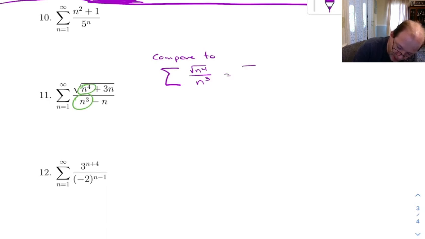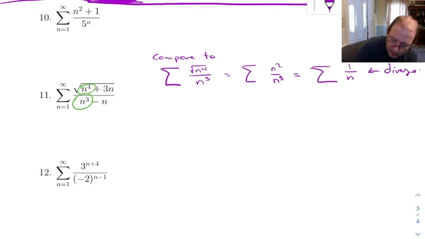So you can rewrite this as n squared over n cubed, which is 1 over n, which diverges. All right, so now we just need to see, can we use the comparison test or the limit comparison test? Honestly, we know it's going to diverge because we got this by pulling out exactly the dominant terms on top and bottom. But let's still work it out.